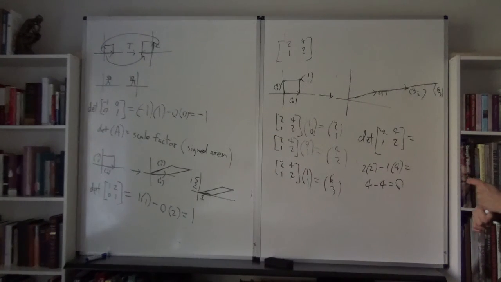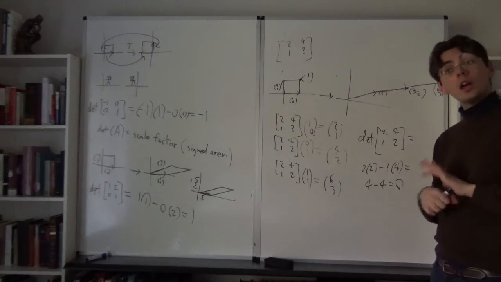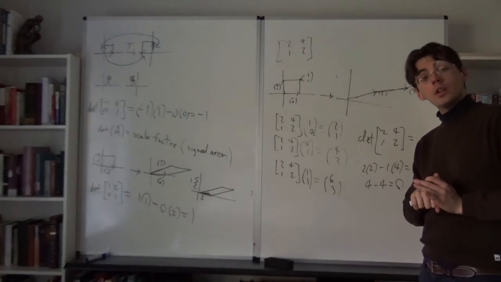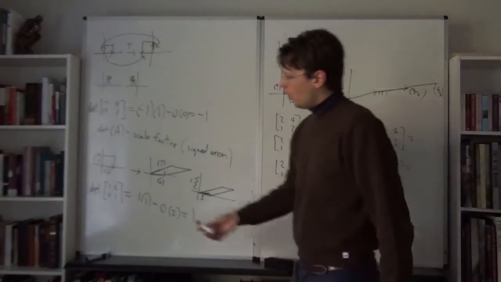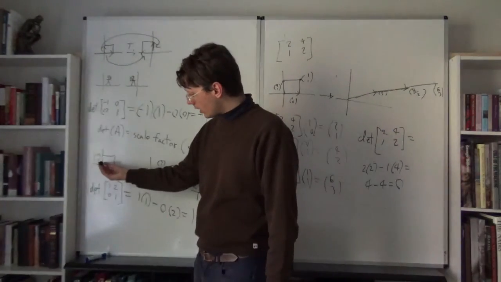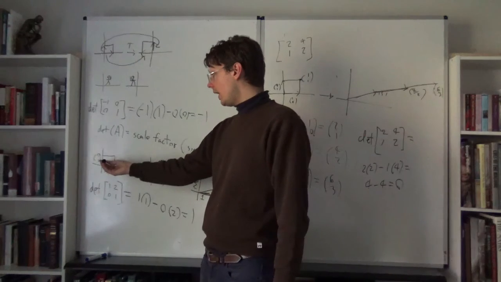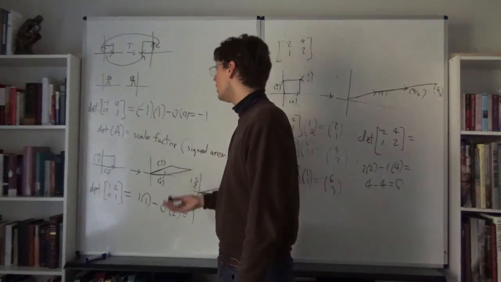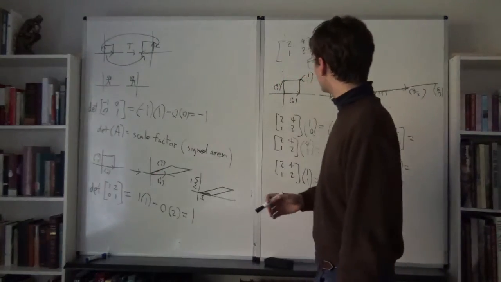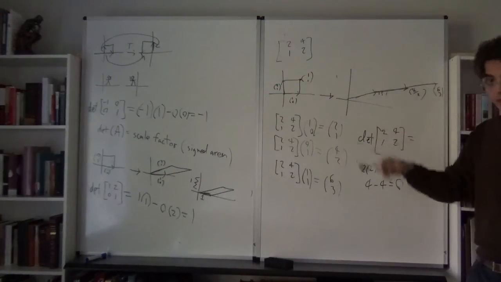So this is what the determinant means. It has an incredibly straightforward definition. All it means is the scale factor. As in, if you had a square of area 1, what area will be the image of that square? Will it be the same? Will it be larger? Will it be smaller? Will it be nothing? 0.